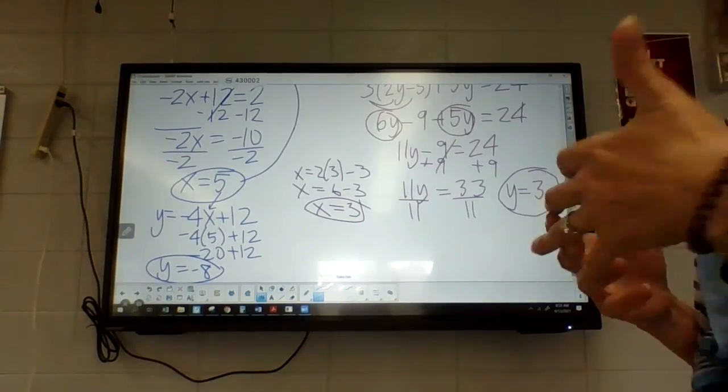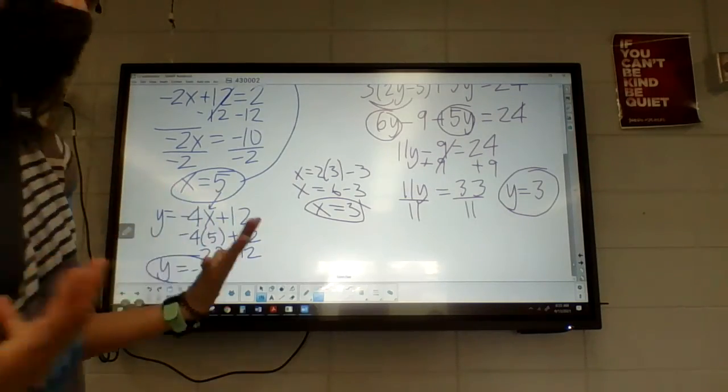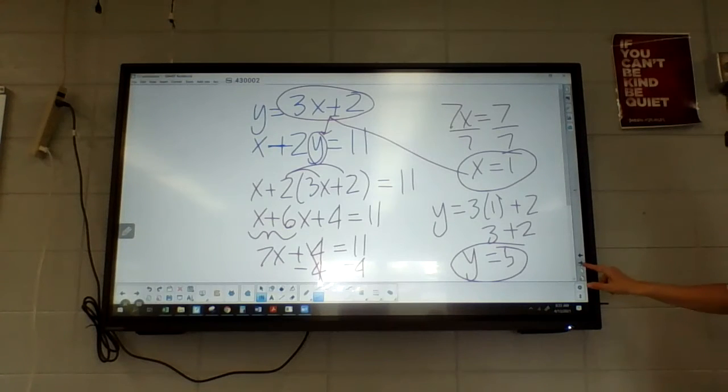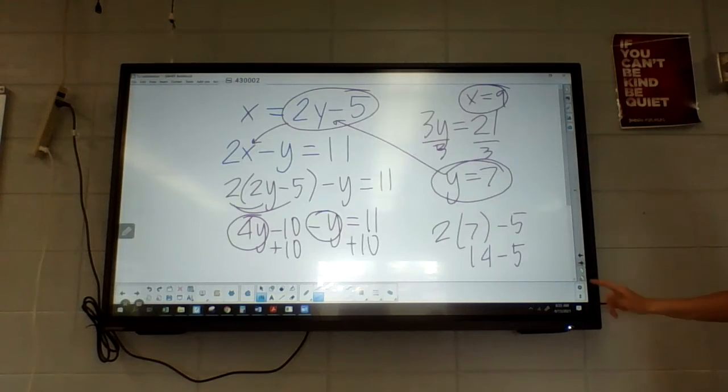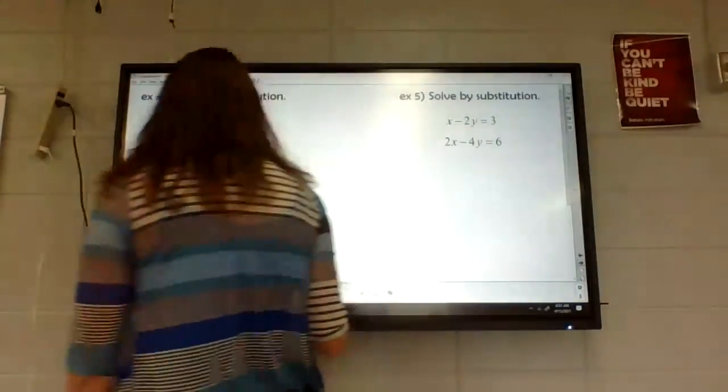All right, so the next one I'm going to solve by substitution. But if you notice, the y is alone in both equations, which sometimes confuses students. So it's okay for this to be the case. So in this problem, y is already alone.